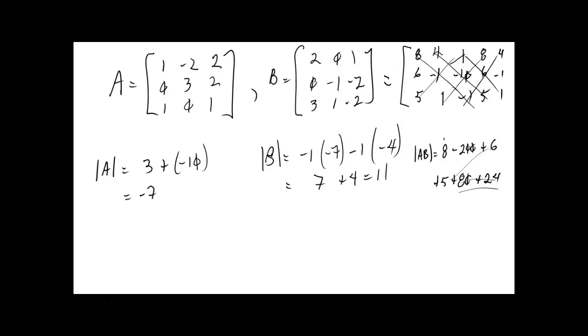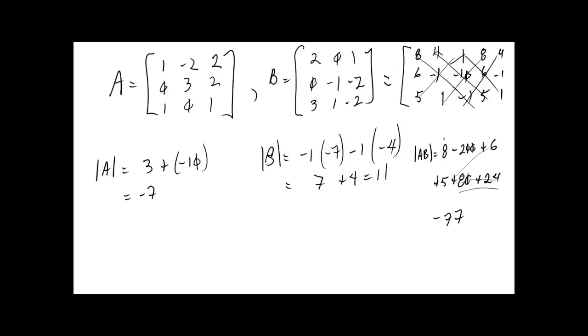Well, what answer did you get? Negative what? 77. Okay. Now, I know we were adding all that together, adding the positives and subtracting the negatives. I wonder if you did 8 and 6 is 14 and 24 would be 38 and 80 would be 118.